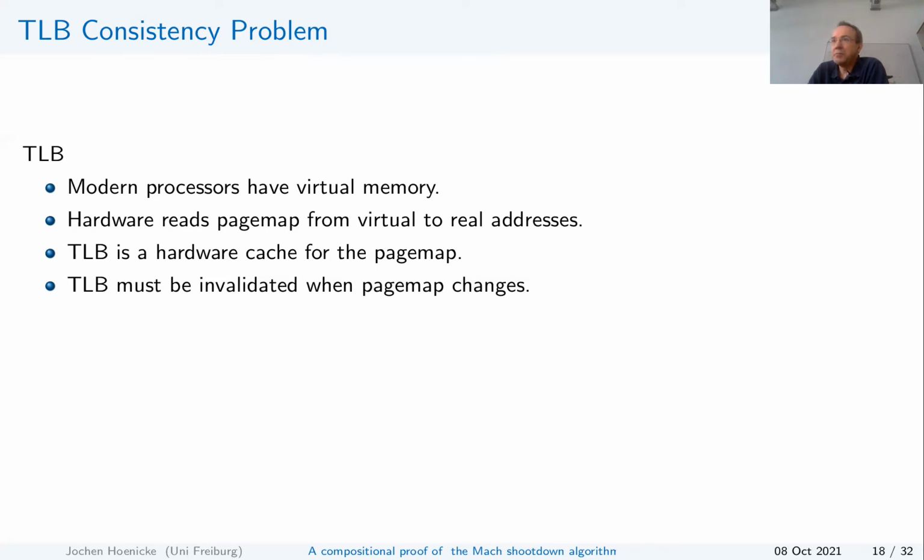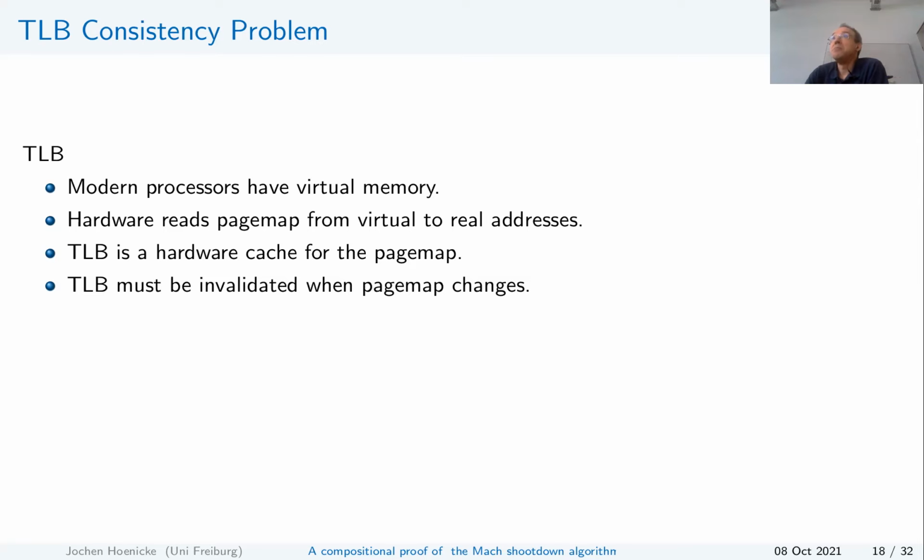To implement this, there is some hardware support that maps virtual addresses to real addresses. There is a page map, and the page map is read by the hardware to map the virtual to the real addresses. To make it fast, the hardware must also cache the page map, or at least the part of the page map that is currently important for the program, because otherwise you would need 3 memory accesses instead of 1 in every step, and that would be much too slow. So there is a cache for this, called the TLB, the translation look-aside buffer. It just caches some entries from the page map that are currently very much used.